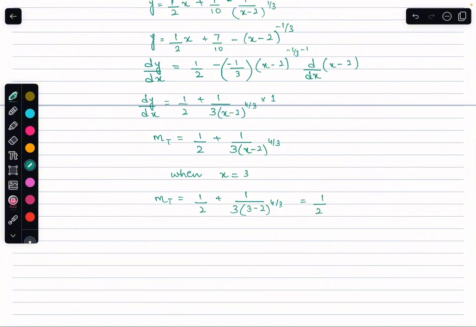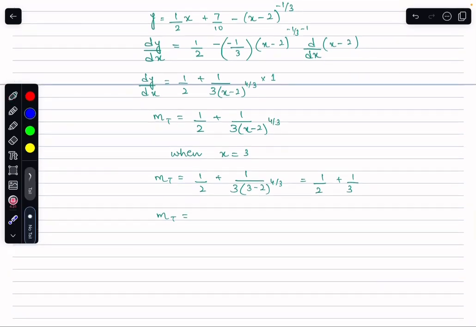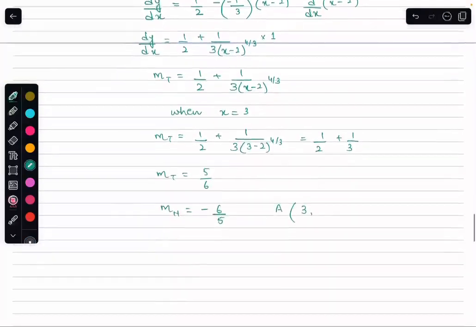So the tangent gradient is 1/2 plus 1/3, which is equal to 5/6. If the tangent has the gradient 5/6, then the normal has the gradient negative 6/5, and this is when A has coordinates (3, 6/5).